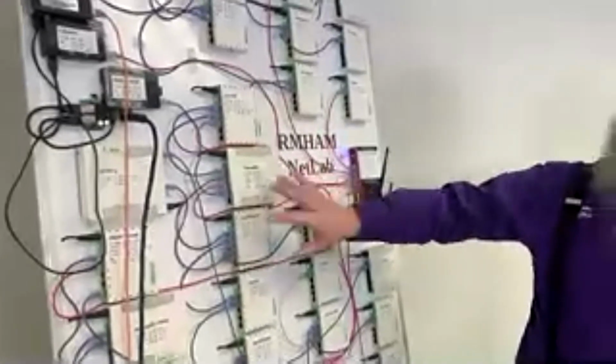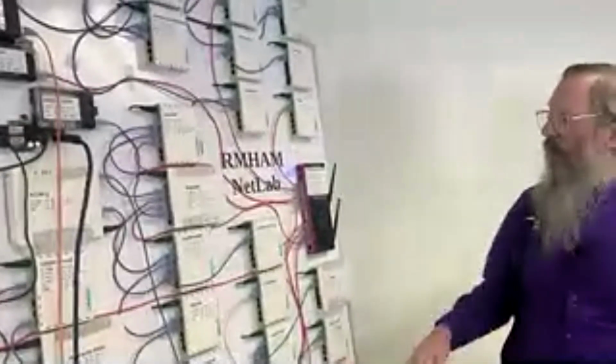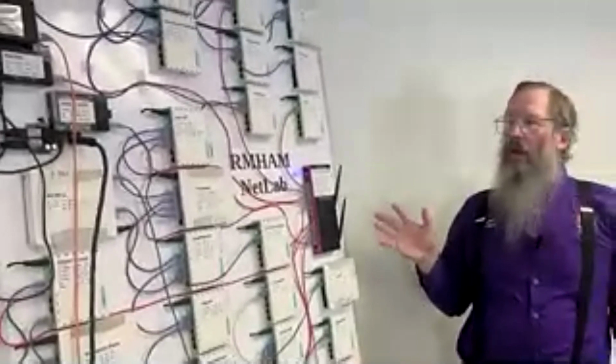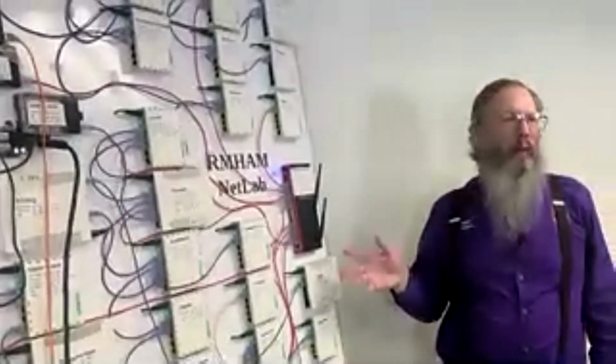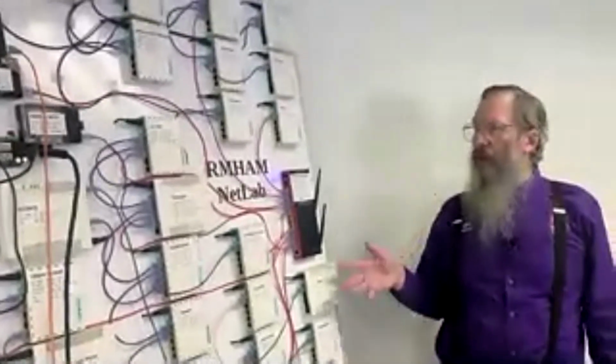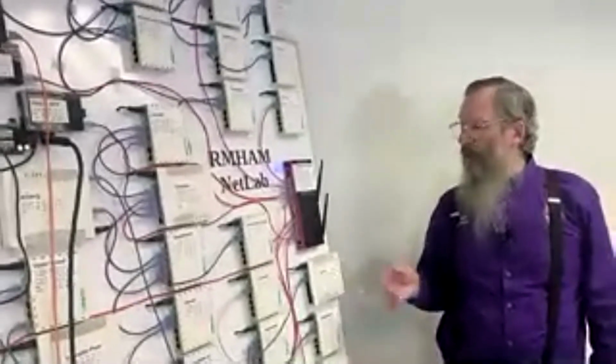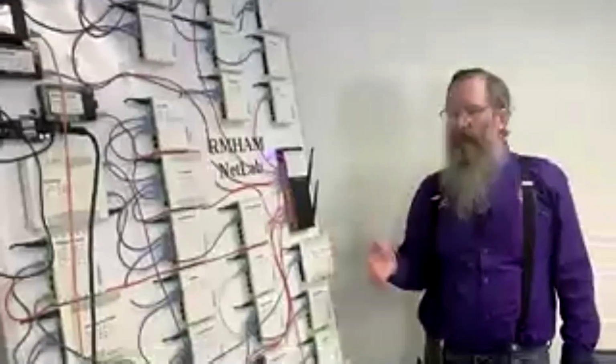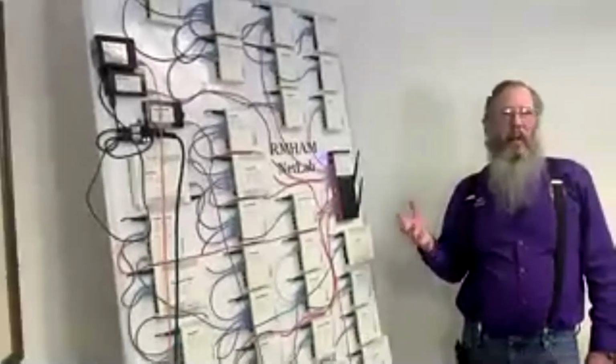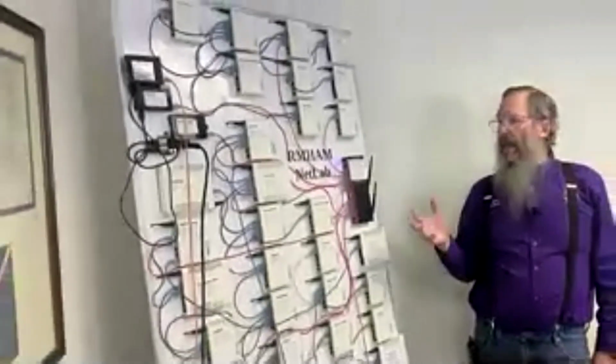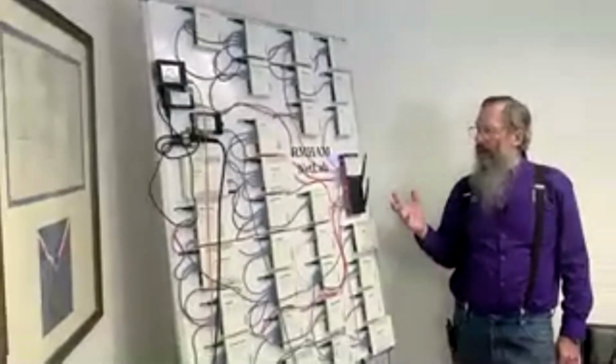But basically what this represents is probably about a quarter of all of the devices that we have on the network. There's 32 devices in this particular setup. In reality, we've got about 120 sites in our network that are all connected by microwave.